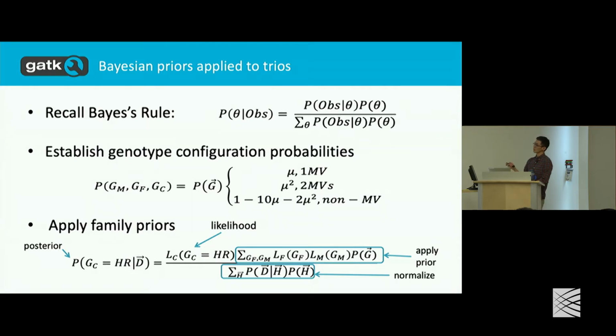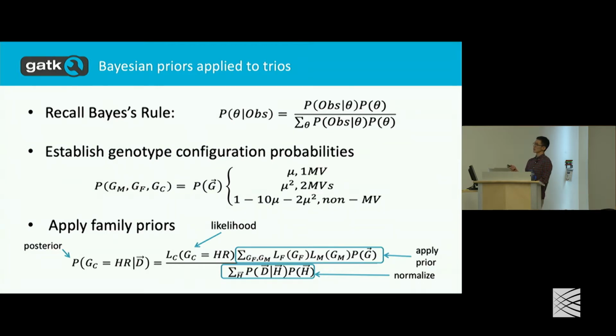And then MV here stands for Mendelian violations, which is a genotype that's inconsistent with the parents' genotypes. And if you have two Mendelian violations, for example, if your parents are both homozygous reference, but the child is a homozygous variant, that's like lightning struck twice.